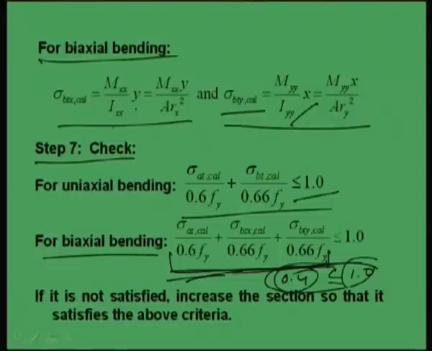Unnecessarily we should not waste the material. If we choose a larger section, it will always be on the safer side, but wasting material means it is not economic in terms of cost. So we have to think in that way also. And if this becomes more than 1, then in any case we have to increase the section to make it safe, right.